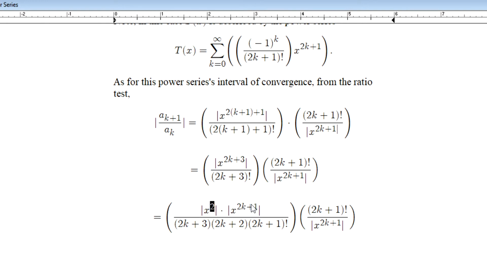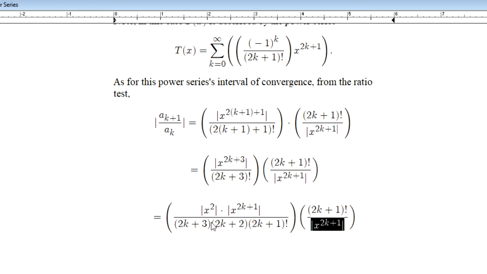We would be adding this 2 to the plus 1, and that would be making the plus 3. Well, I can turn the plus 3 into plus 2 and plus 1, where the plus 2 can then be broken out as this x squared quantity, leaving behind the x to the 2k plus 1. And that's kind of helpful, because that'll cancel with this x to the 2k plus 1.